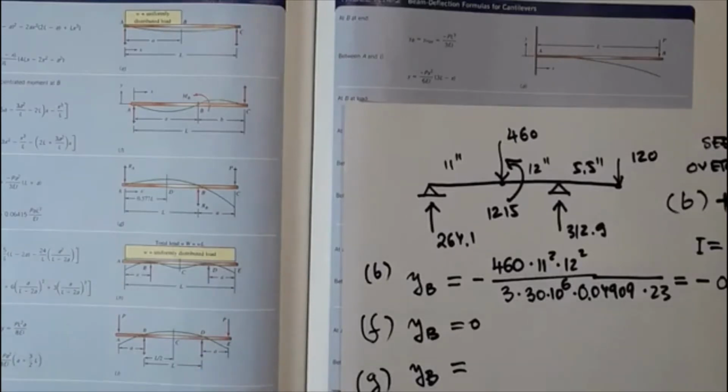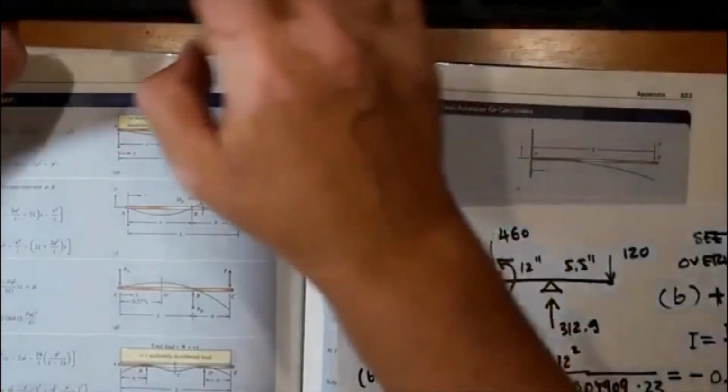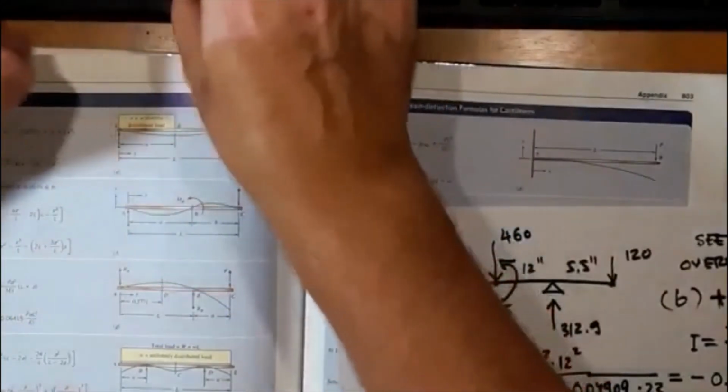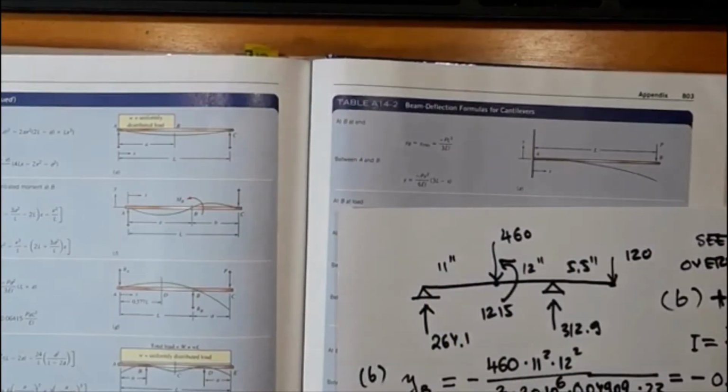I want to leave it. Let's see how many minutes of recording. 44 minutes. So let's look at deflection equations. Deflection equations of beams. I hope we'll find something.